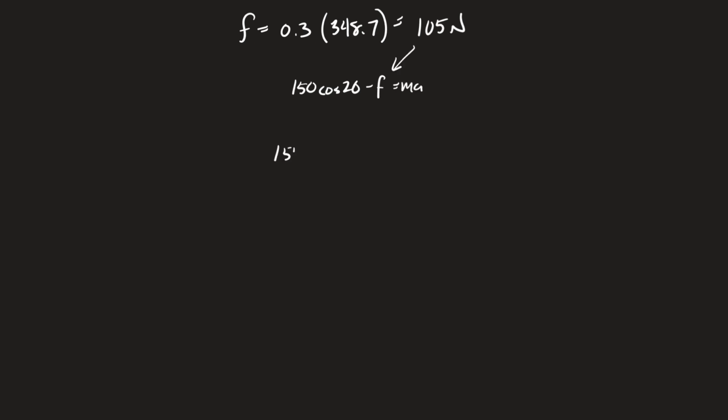So 150 cosine 20 minus 105 equals 40 times a. And this is where you get 0.9 meters per second squared.